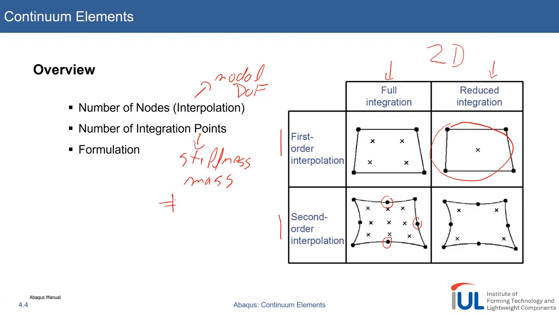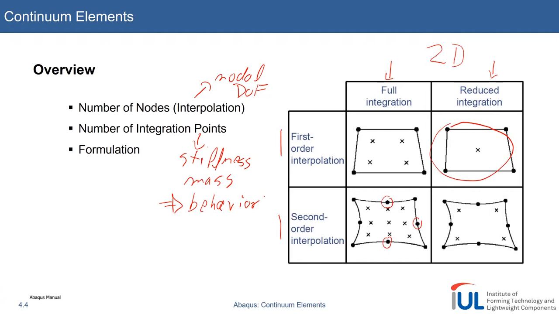This is why people often call this the behavior of the element. I haven't decided yet myself if I like the term, but you stumble across it quite often, so I will also use it. But I think you know from your basic FEM courses what to think when you hear nodal DOF, integration point, stiffness, mass matrix, and so on.